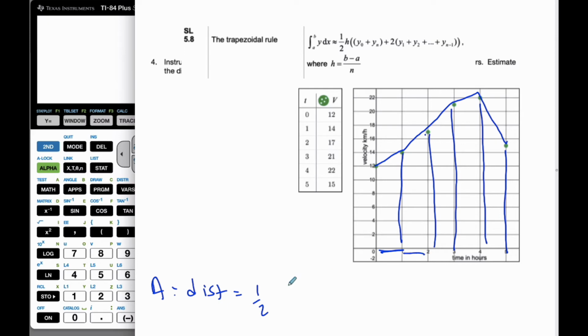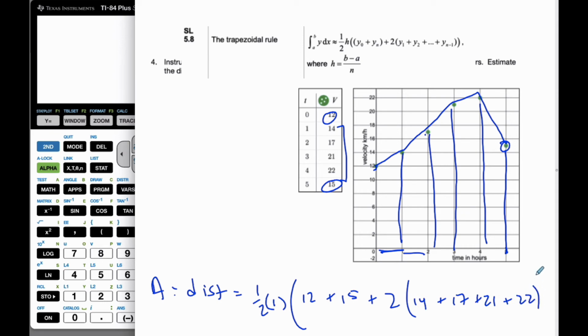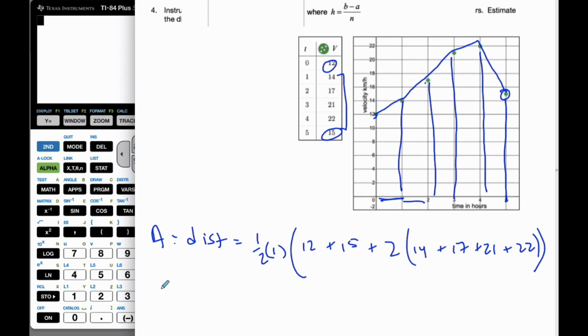So this delta x is 1, times the first y value, which is 12, plus the last value, y5, which is 15, plus 2 times all these values in the middle. So 14 plus 17 plus 21 plus 22. And if I do this calculation here, that is going to find me the approximate area.